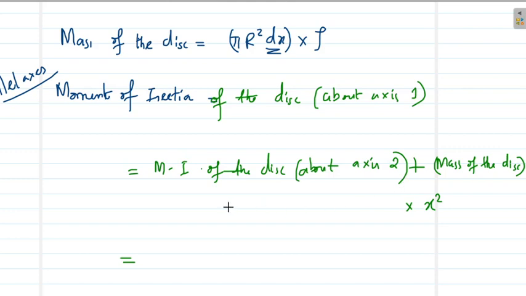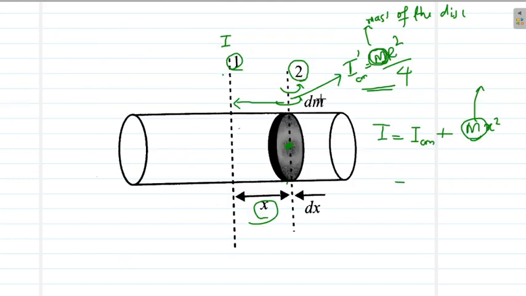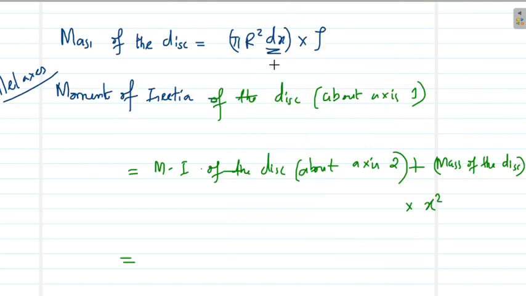Now the moment of inertia of the disk about axis 2 is given by the equation I equal to m r square by 4. The mass should be the mass of the disk. We have already calculated the mass of the disk, so all we have to do is to substitute this value there and calculate the moment of inertia of the disk.